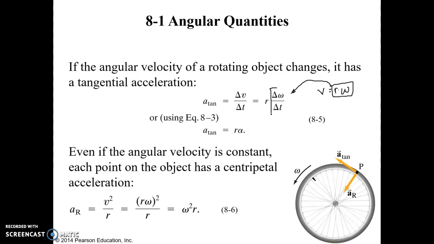And then if we look at these two variables, delta omega over delta t, well, we said earlier that that is alpha, our angular acceleration. So the way we can relate linear acceleration to angular acceleration is a, and we can put the tangential subscript there to remind us that we're talking about tangential acceleration as opposed to centripetal acceleration, is equal to the radius times the angular acceleration, alpha.